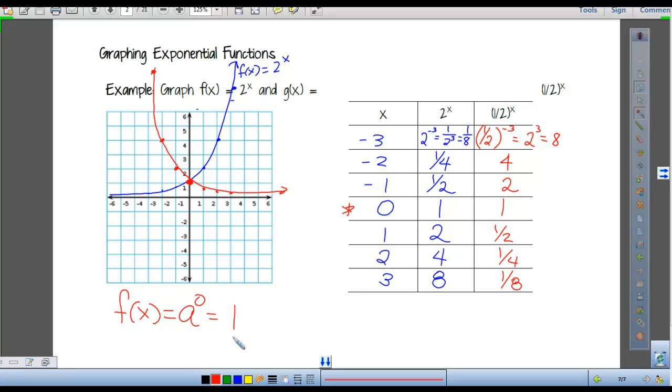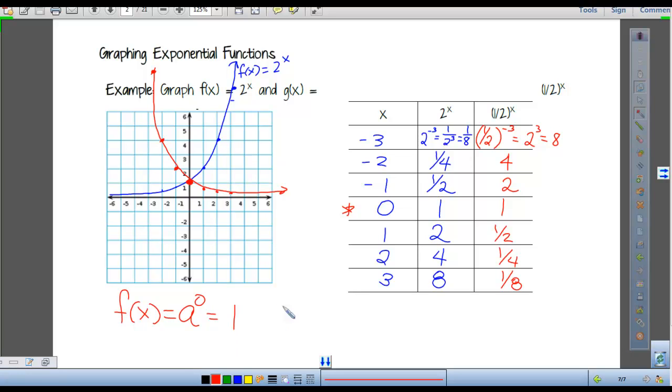Okay, and what happens when we went through 1? For 2, when we were looking at 2 to the x, when we plugged in 1, we got what? 2. Okay, when we plugged in 1 to g of x equals 1/2 to the x, we got what? 1/2.